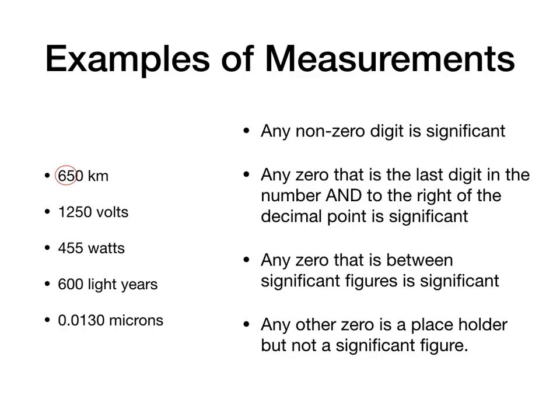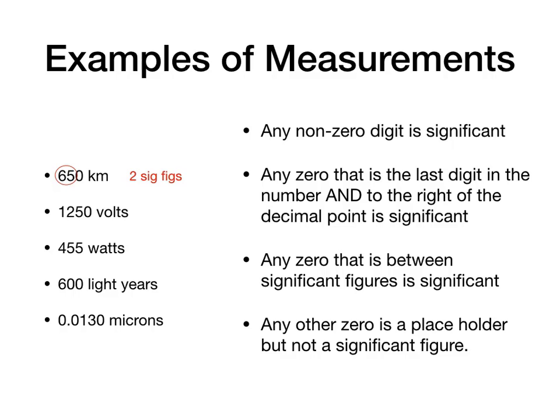Second rule, any zero that's the last digit in the number and to the right of the decimal point is significant. Well, that zero is the last digit in the number, but it's not to the right of the decimal point. It's to the left of the decimal point. So the purpose of that zero is to push the 6 and the 5 over into the correct places. It pushes the 6 over into the 100 spot and the 5 into the 10 spot. It's a placeholder. It's not a significant digit. That number has two significant digits, or two sig figs.